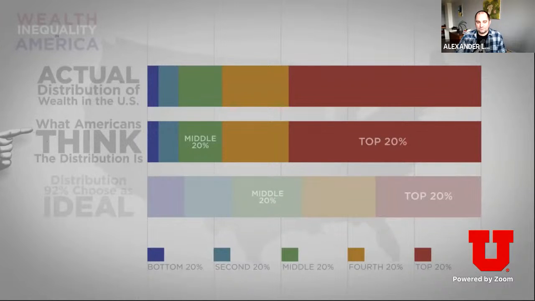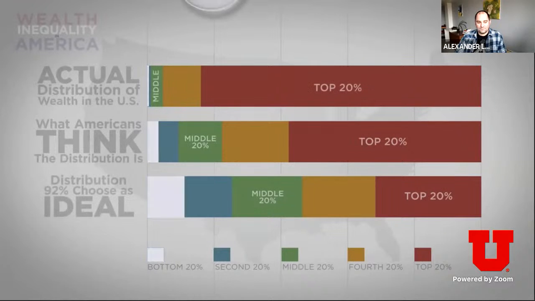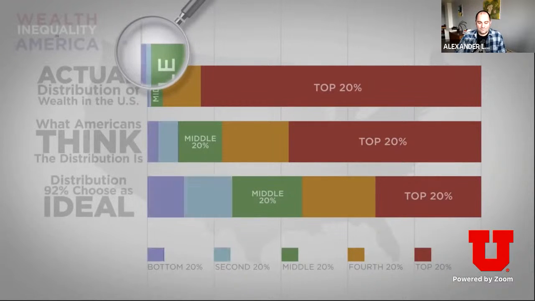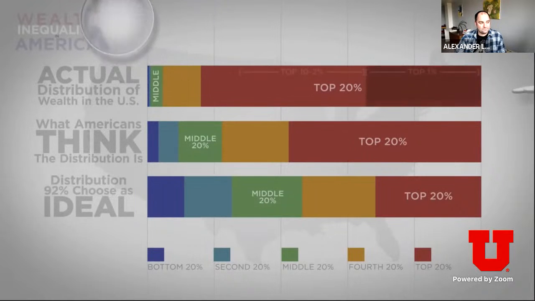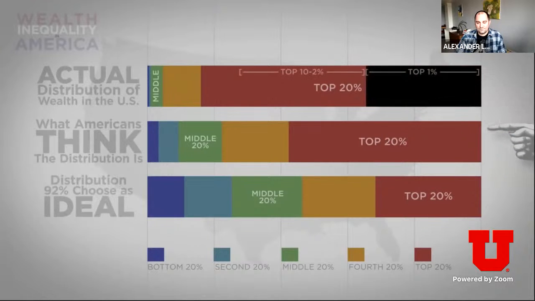And here is the actual distribution, shockingly skewed. Not only do the bottom 20% and the next 20%, the bottom 40% of Americans, barely have any of the wealth. I mean, it's hard to even see them on the chart, but the top 1% has more of the country's wealth than 9 out of 10 Americans believe the entire top 20% should have.